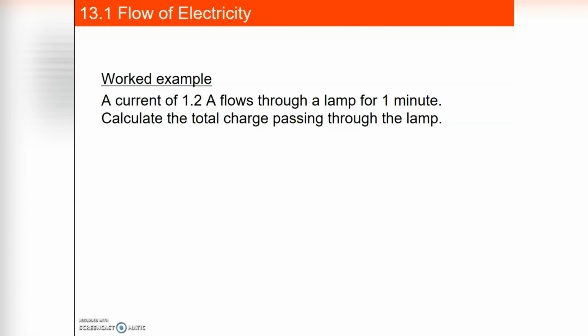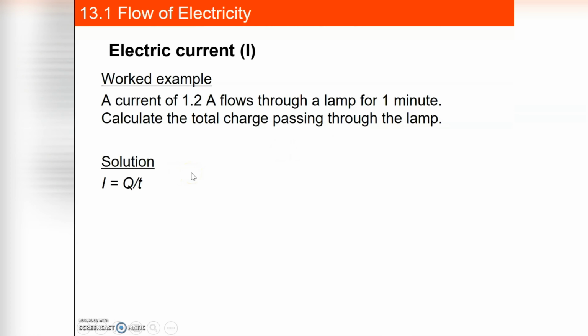Example: a current of 1.2 amperes flows through a lamp for 1 minute. Calculate the total charge passing through the lamp. So you have the formula, I equals Q over T. I is your current, 1.2 amperes. Q is the charge that you want to calculate.